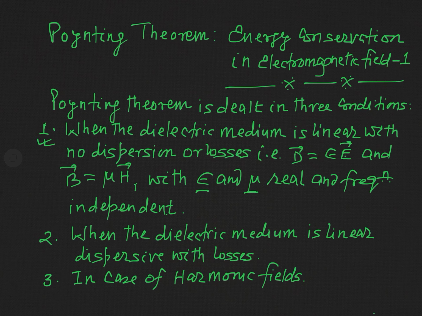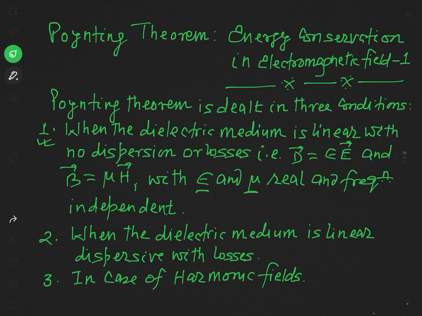So now let us consider the first condition in which we are going to discuss this theorem. First of all, we will derive Poynting Theorem with a restriction to a linear media with no dispersion or no losses.